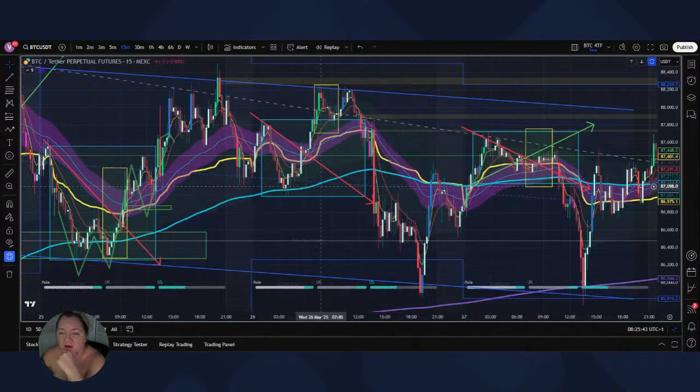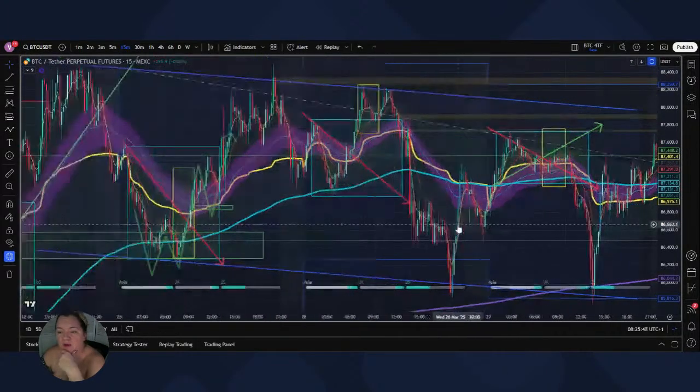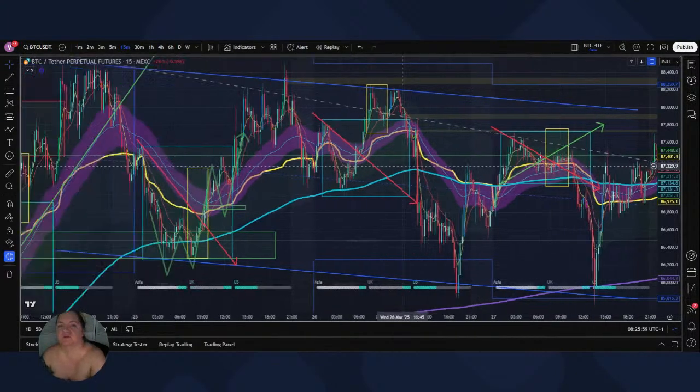And what we actually got was the other test to the top of the channel. And you can see all of these market manipulation candles hitting into the top of this area. So this is the market makers forming this formation, because in general, if you guys don't know, this market is completely manipulated.